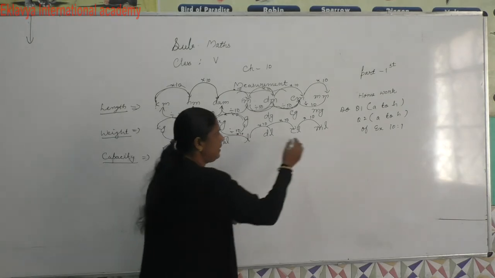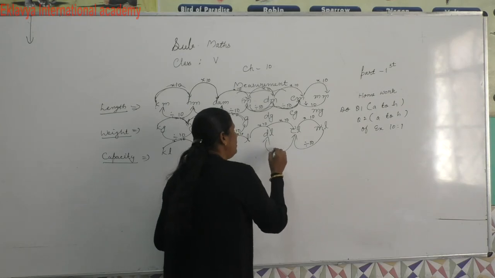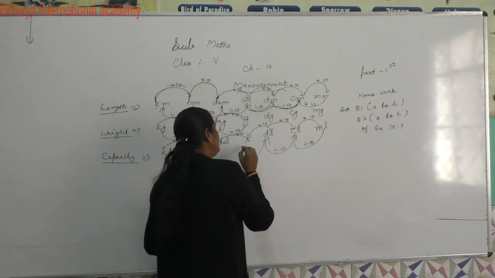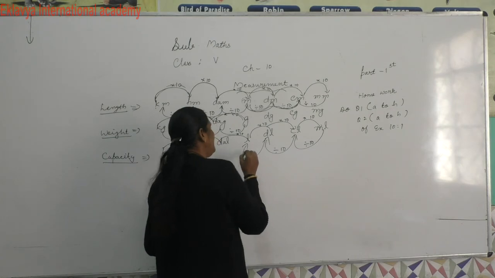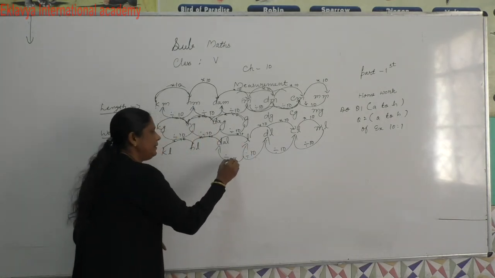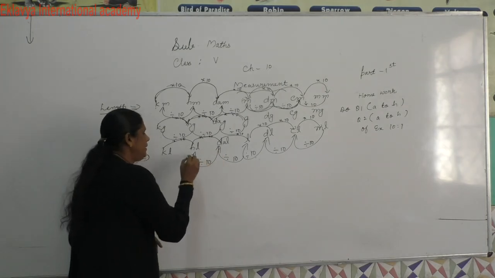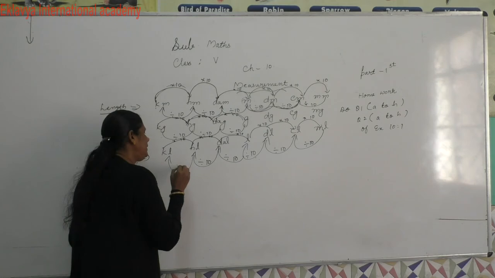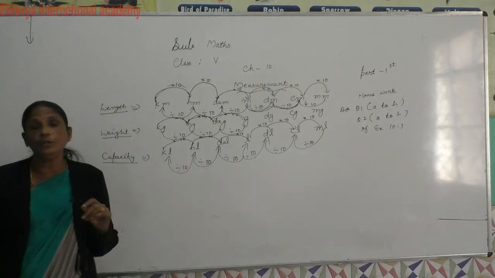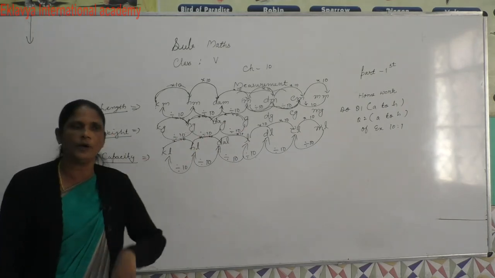Then reverse, milliliter to centiliter, we divide by 10, then next we divide by 10, then next we divide by 10. Then liter to decaliter, we divide by 10, then decaliter to hectoliter, we divide by 10, again we divide by 10. Now according to your unit, you multiply or divide.